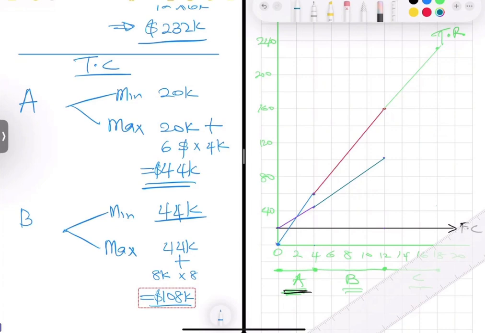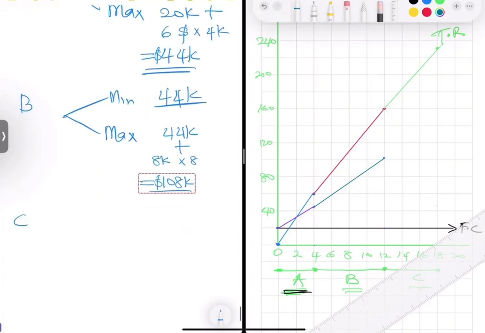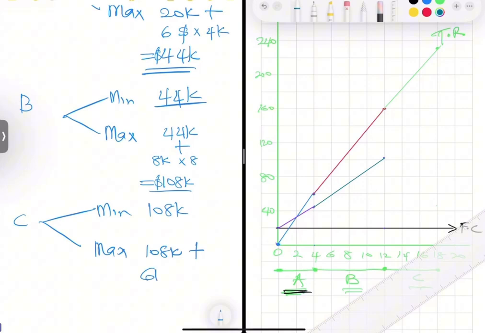And lastly, for C, it's just your maximum total cost that you have before. Minimum remains at 108, which we already have there. Then the maximum is 108K plus the variable cost of C, at the maximum units, which is 6,000 units, multiplied by variable cost of $10. And that gives us the total maximum of 60K plus 108, that's 168K.